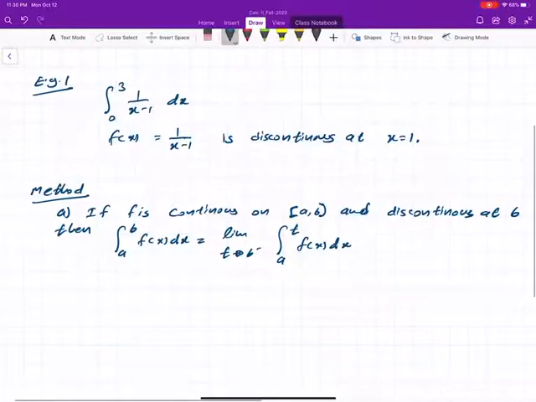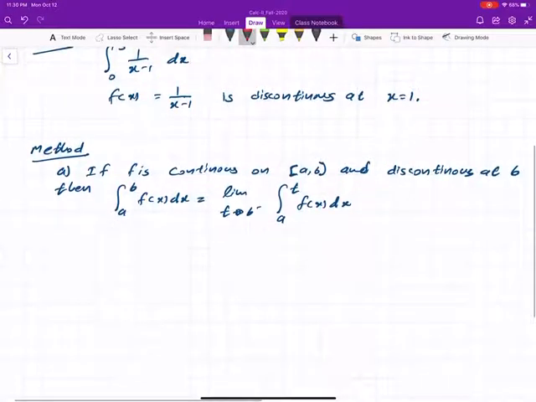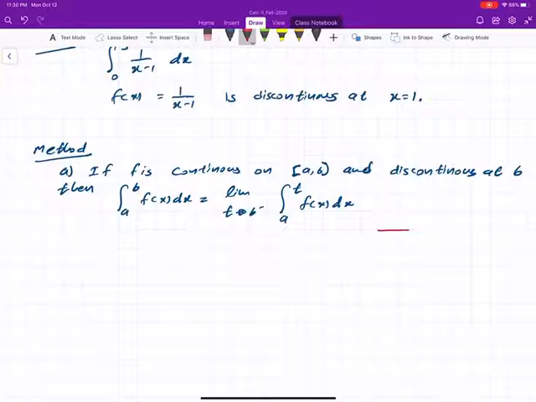Okay, let me explain this case a little bit. What I'm saying is this function is discontinuous at b. So this is the interval you have. Let's say this is a, that is b.